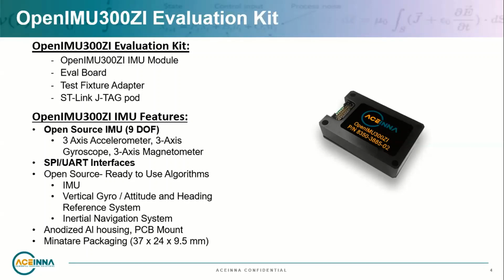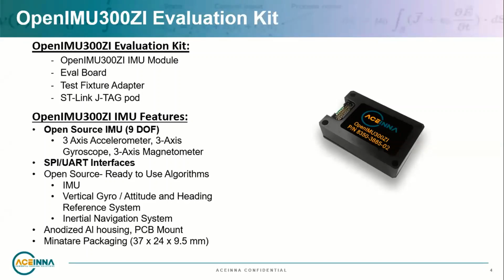You can download it and change it according to your needs, and you can upload it to the unit. The algorithms that are available include the IMU application algorithm, which gives raw data of accelerations and angular rates. We have the vertical gyro, attitude and heading reference system application, which gives complete attitude information, which is roll, pitch, and yaw.